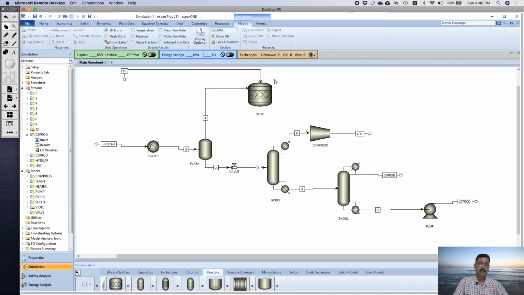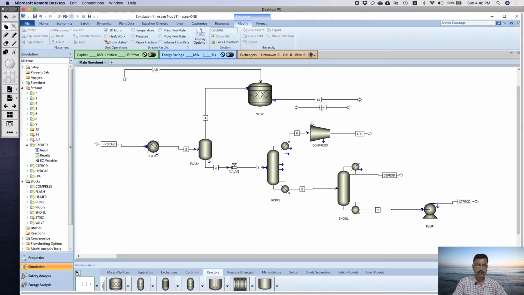Yeah, now this is okay. So this is basically air. This is air, and the outlet is this one. This is outlet, which will go to, sorry, there is an extra one we have to delete.